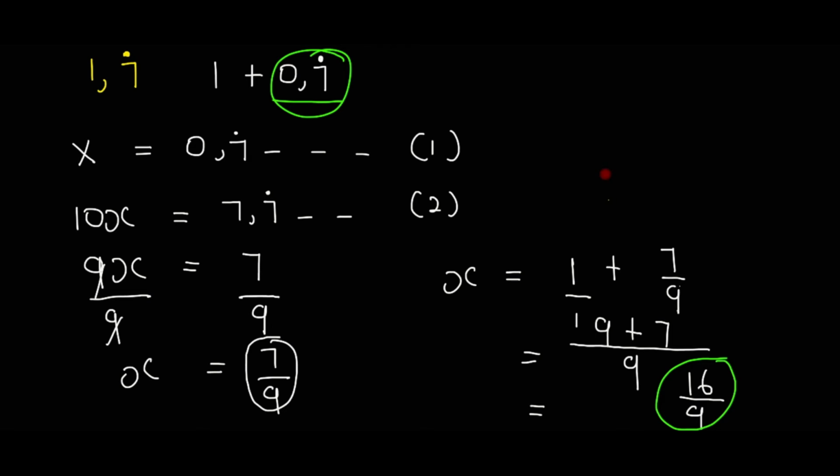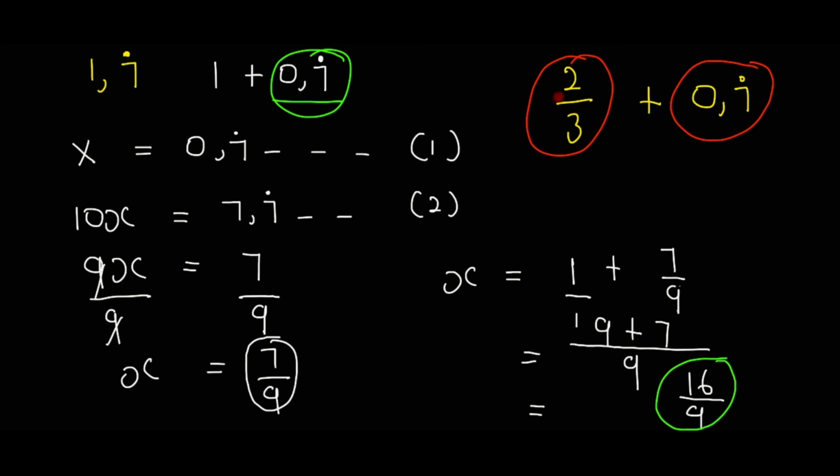So even if in the exam they give you this problem, let's say 2 over 3 plus 0.7 recurring, the first step is to focus on this one, we convert it into a fraction, and then we get the final answer, and then you add 2/3, and then you get your final answer.